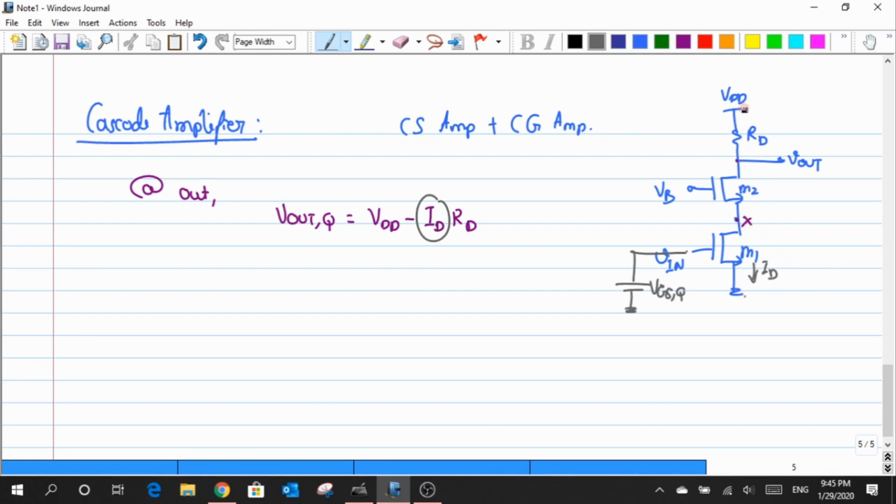It starts from VDD all the way to the ground. Hope that it makes sense. Basically the ID is defined by the VGSQ of the M1 transistor. Okay, so hope that it is clear.